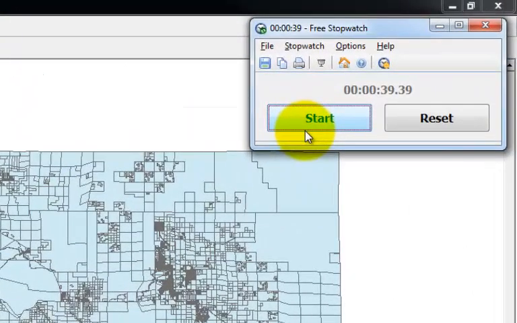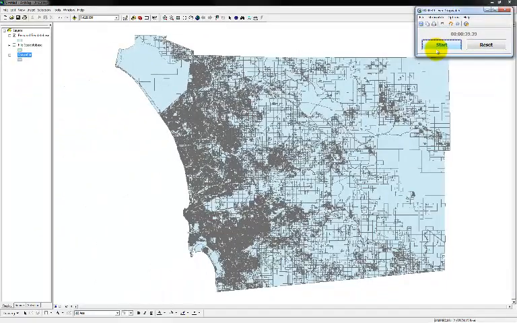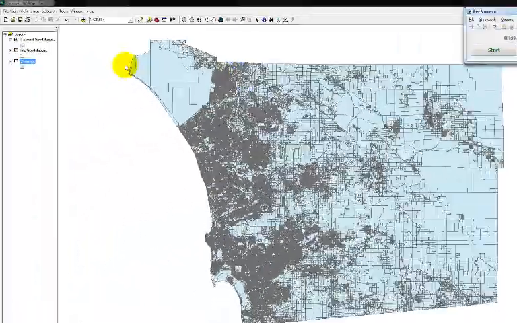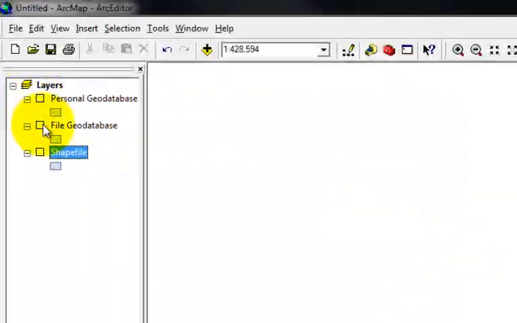Okay, so for the personal geodatabase, we have about 39.9 seconds to render a full extent of parcels that are about 1.4 million parcels. Okay, so let's reset our clock, and let's do the same thing for our file geodatabase.